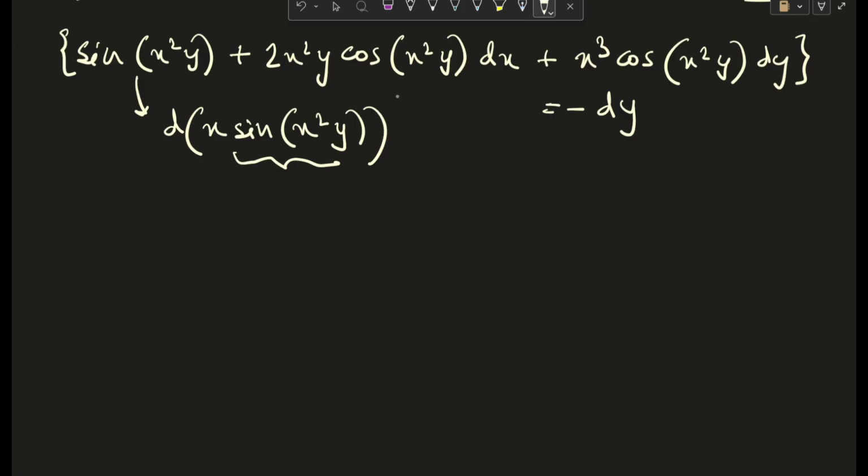So exactly you can verify and match. That is the thing which is given here. So this thing is equal to minus dy. That was the problem. This is nothing difficult, just sheer observation is needed.